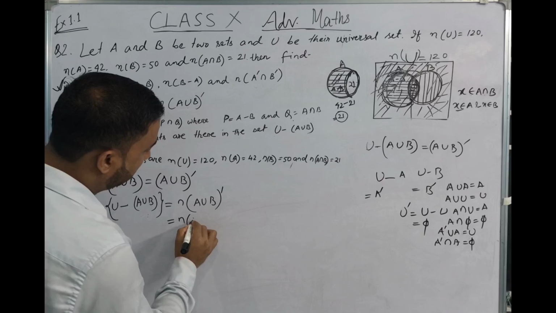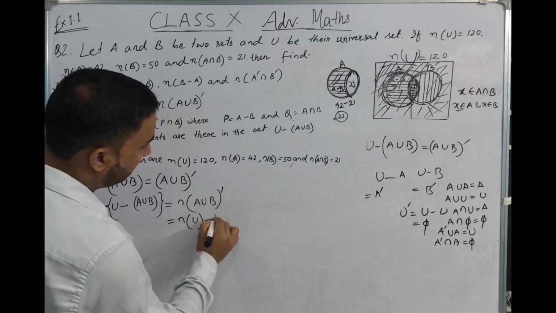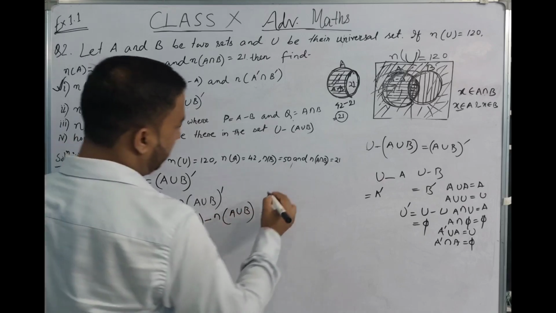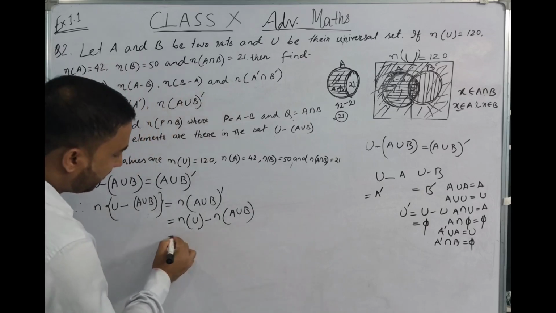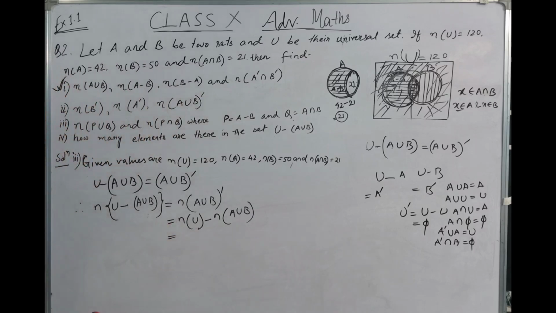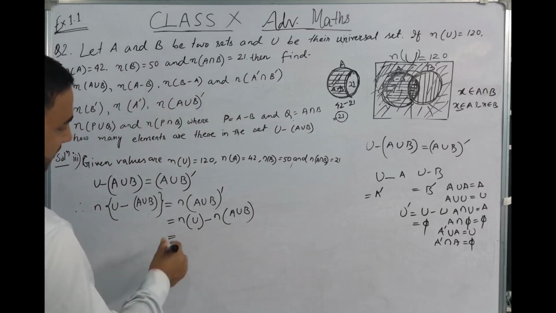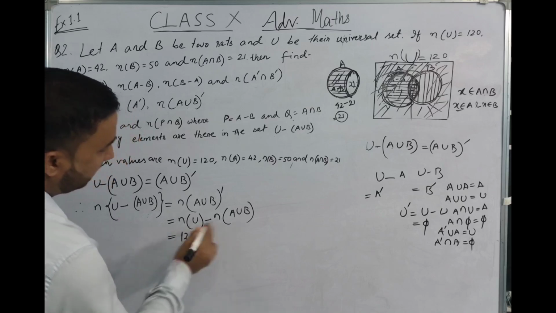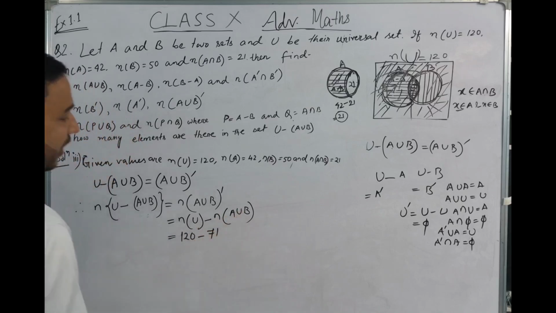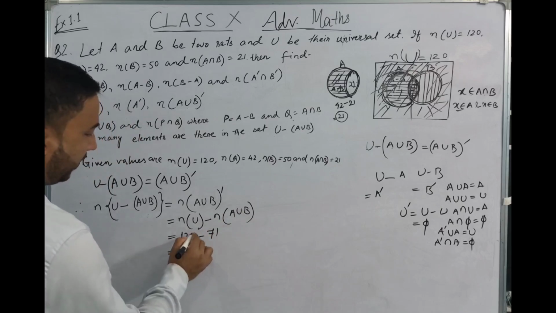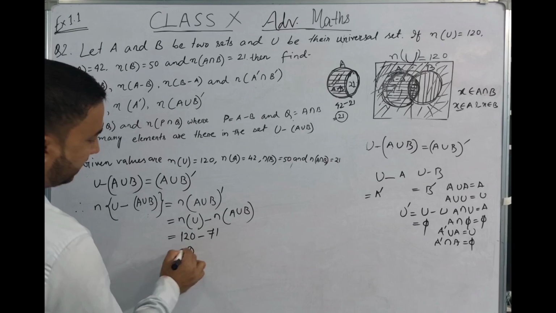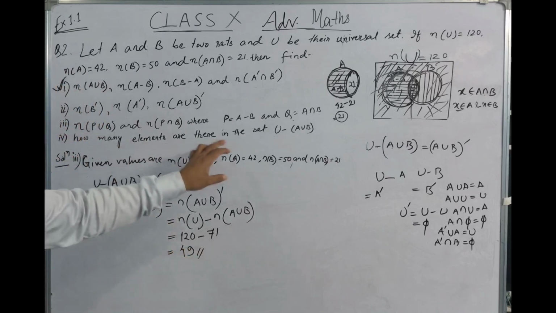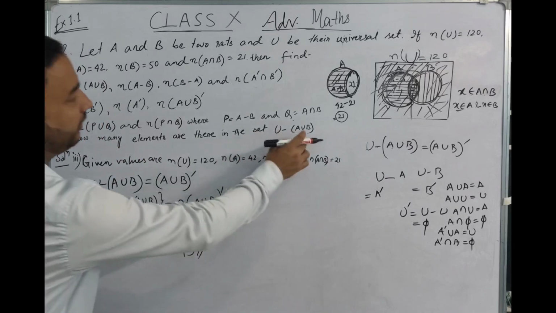Number of A union B complement is equal to number of U minus number of A union B. So what is number of U? Number of U is equal to 120 minus A union B, which was 71. So 120 minus 71 is 49. So 49 elements are there in the set U difference A union B.